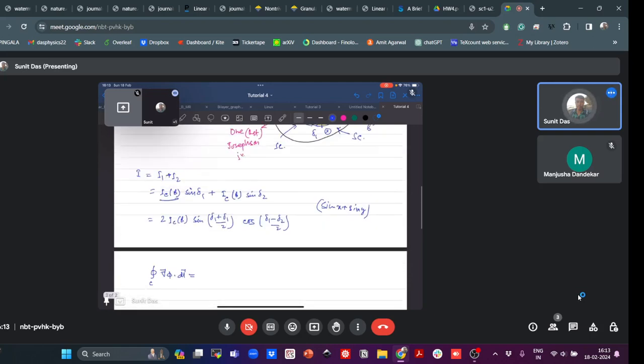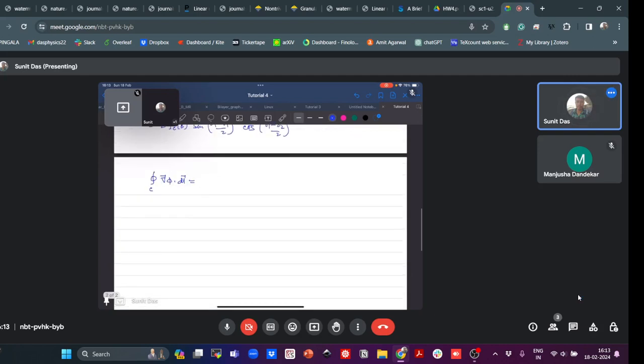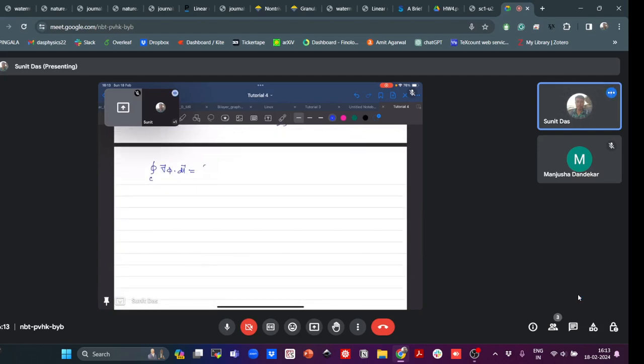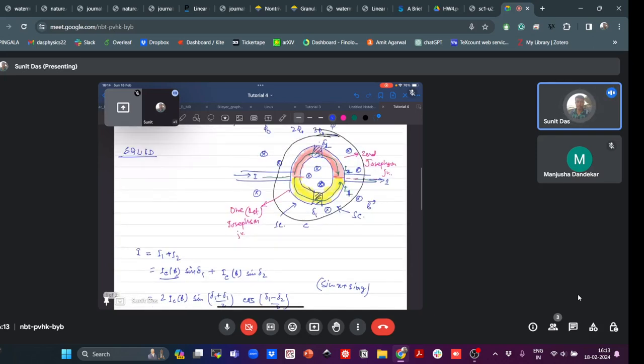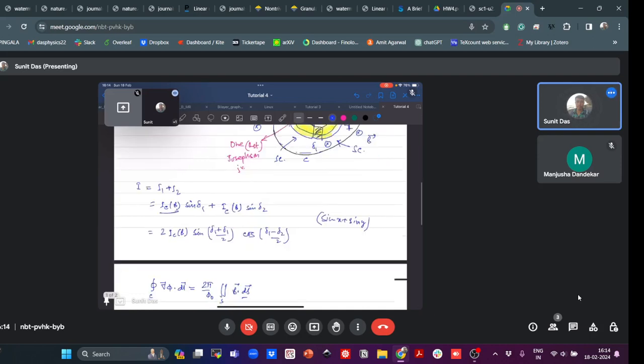So let's assume this closed loop is C, and then this will be 2 pi by phi 0 times the total flux. ds is the elemental area for this closed loop, so the total area is the surface area of this closed loop.